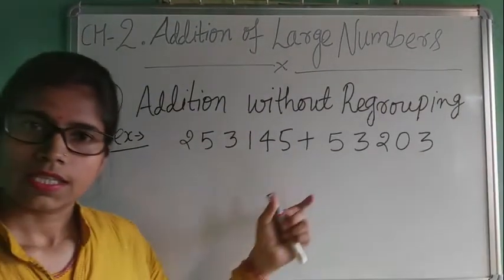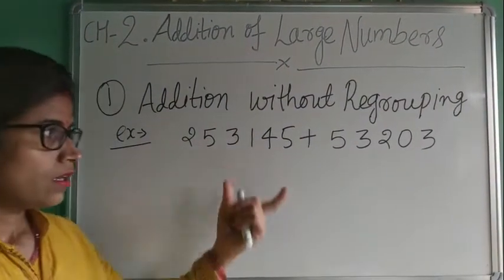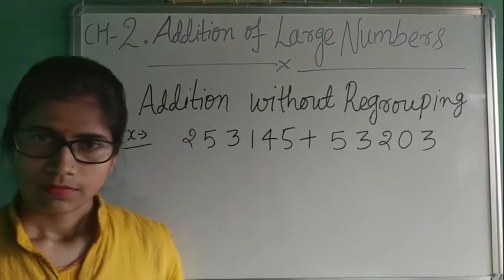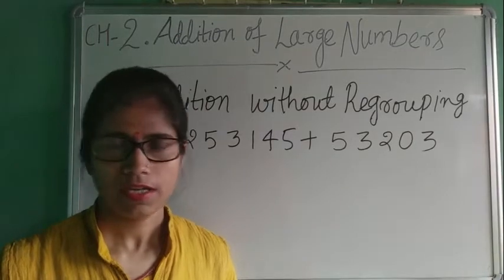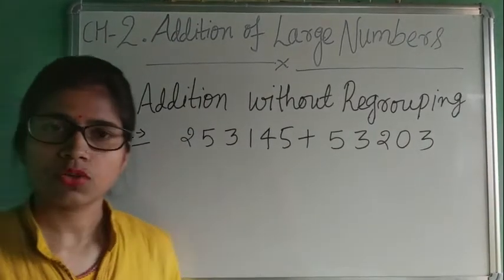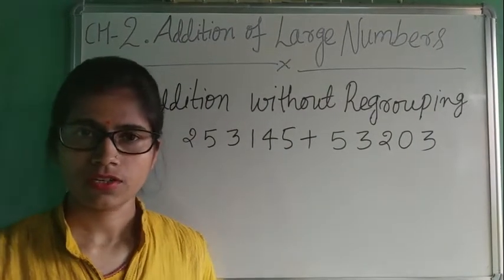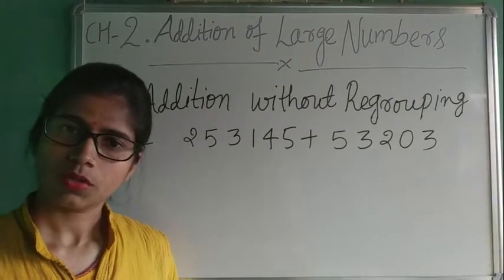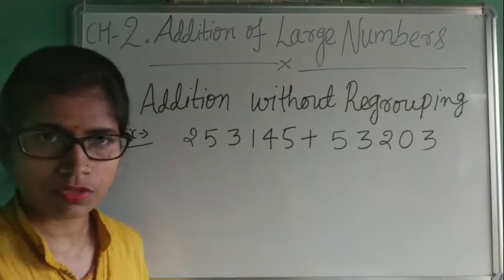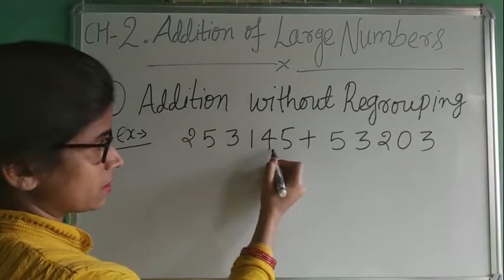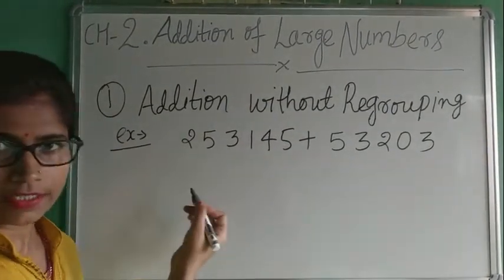Okay, this is your number. Arrangement is not given. You have to arrange this. Fine. So how will you arrange? I have told you addition will be easier when you arrange the numbers according to the place value. Do you know the place value system? How will you read? Ones, tens, hundreds, thousands, ten thousands, lakh, like that.